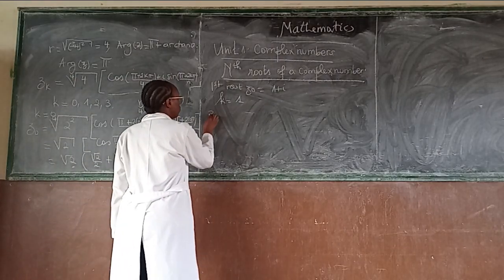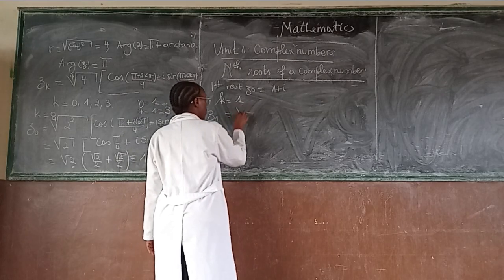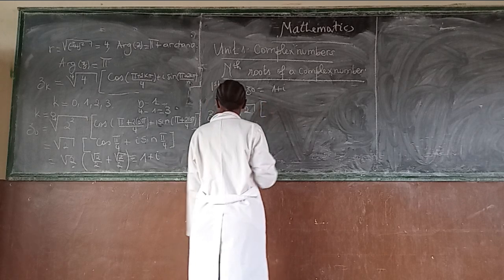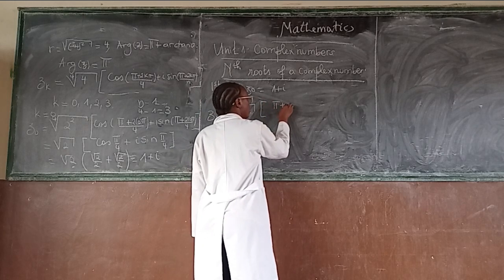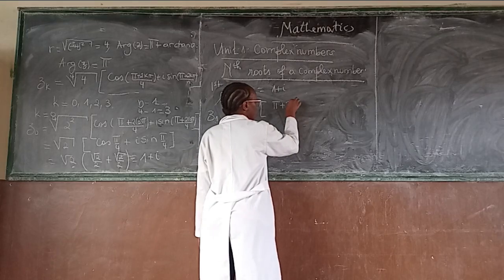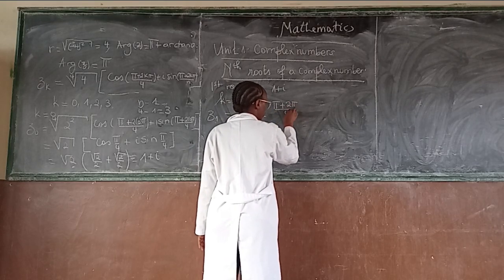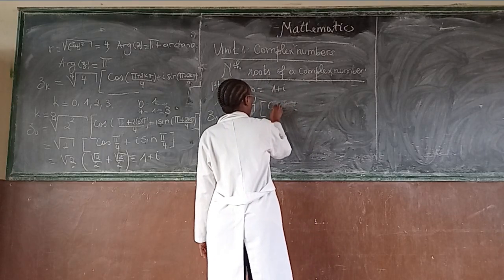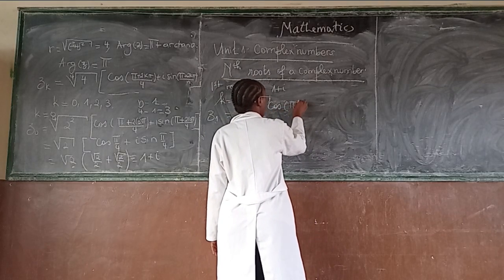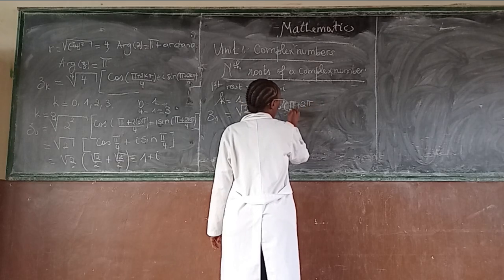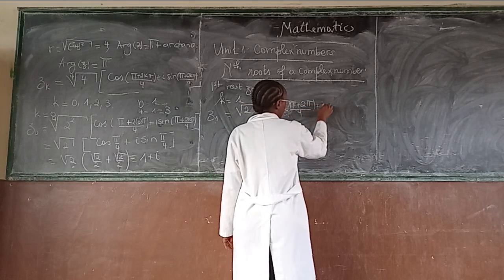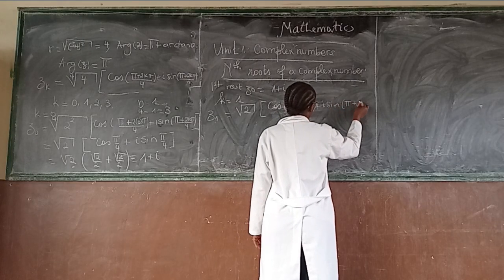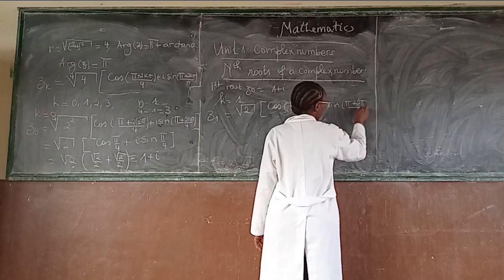So we have z1 equals square root of 2. What are we going to change? We have pi plus 2 times 1 times pi over 4. Sorry, it is cosine of pi plus 2 pi over 4 plus i sine of pi plus 2 pi over 4.